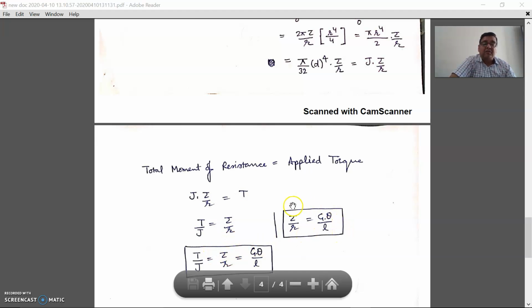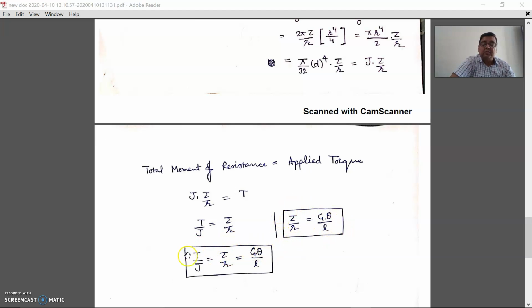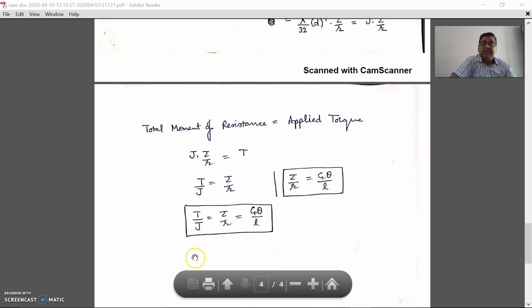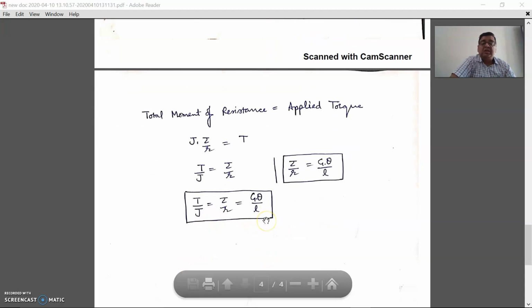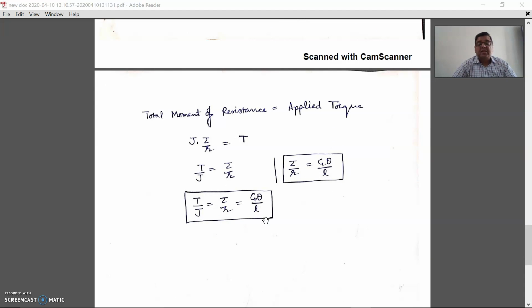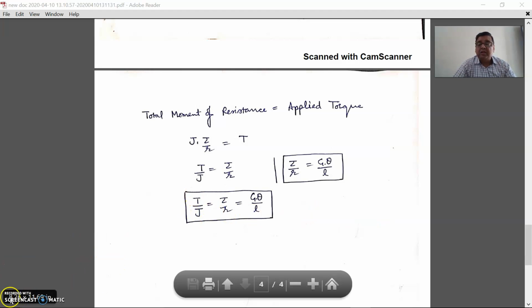Earlier we already derived this formula, and that's how the main formula comes: T by J is equal to tau by r is equal to G theta by L, right? This is the main torsion equation, and we'll apply it quite often in the numericals.